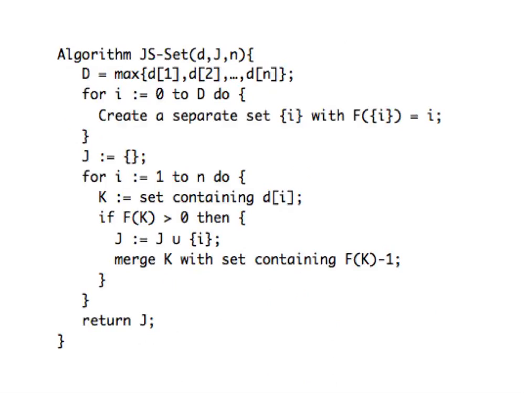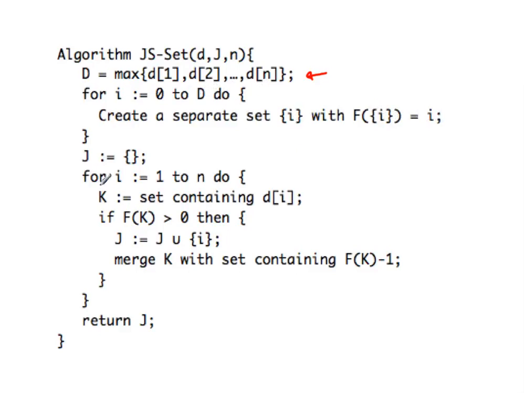So we can now write out pseudocode for this version of the job scheduling algorithm as follows. We start by computing the maximum deadline among all of the deadlines in the jobs. Remember, these are now ordered in descending order of profit, so we can't assume the last job has the highest deadline. So we take the maximum deadline, and then for each of these slots from 0 to this maximum deadline, we create a separate set i with f of i equal to i.